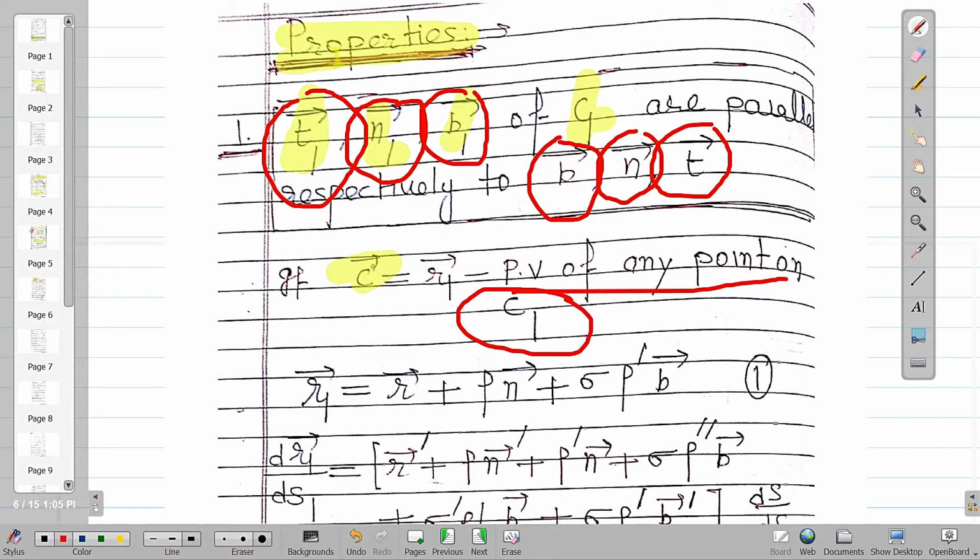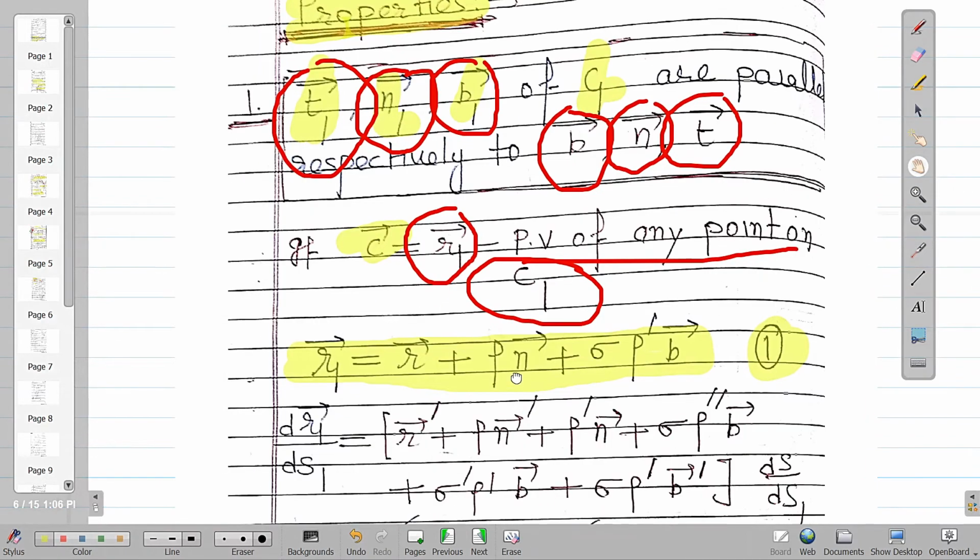Now, if C1 is treated as the R1 vector, then the equation will be R1 vector equals R vector plus rho n plus sigma rho dash into B vector. That is the equation we wrote in equation number 1. So simply we replaced C by the R1 vector. So there is no big change.